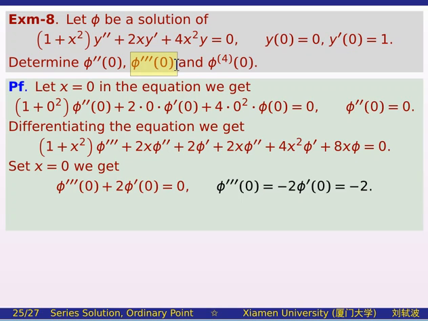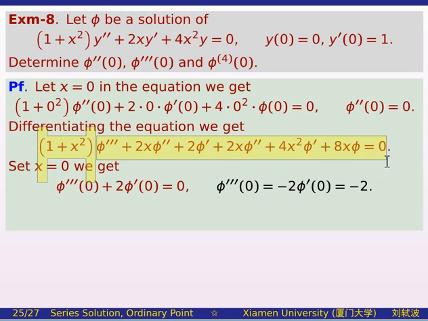Okay, so we computed phi triple prime 0. To compute the fourth order derivative, note that the equation does not contain the first order derivative, and the differentiated equality we obtained also does not contain the first order derivative.